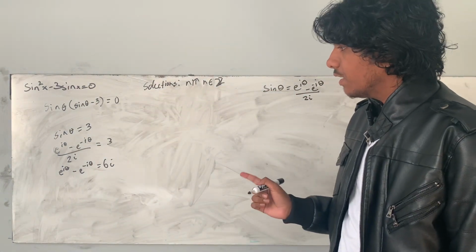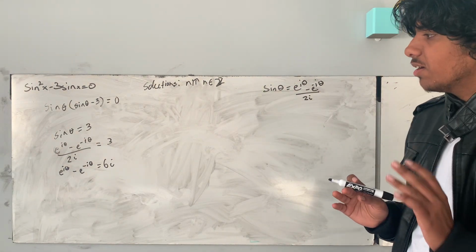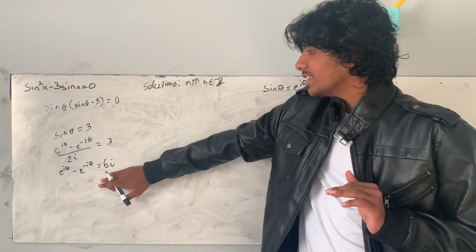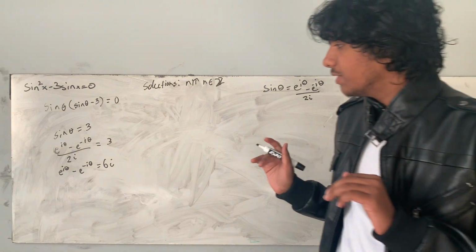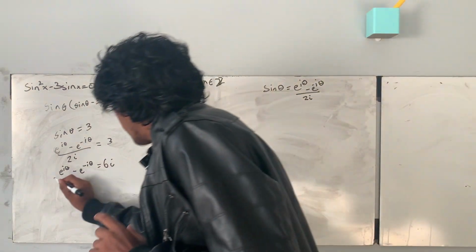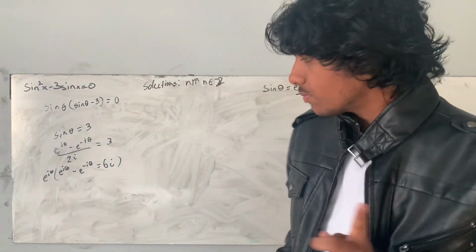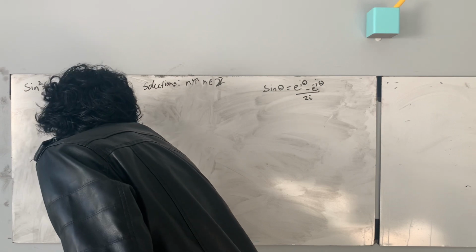Now, here's the funky part. Let's multiply everything by e to the i theta while subtracting this 6i on that side. This is going to be a big step. So multiply everything by e to the i theta, and I'll show you why. This is going to be e to the i theta squared, right?